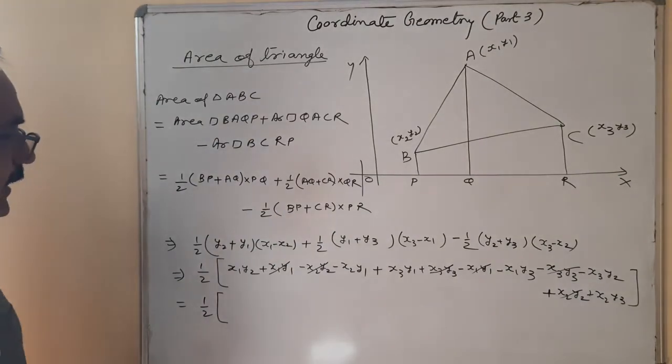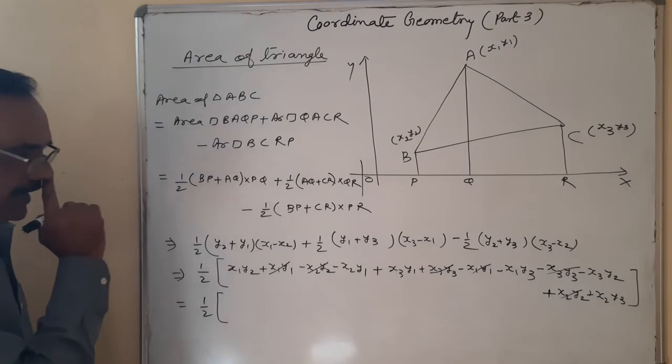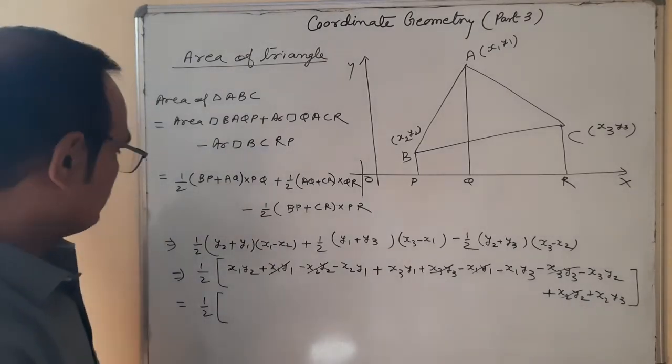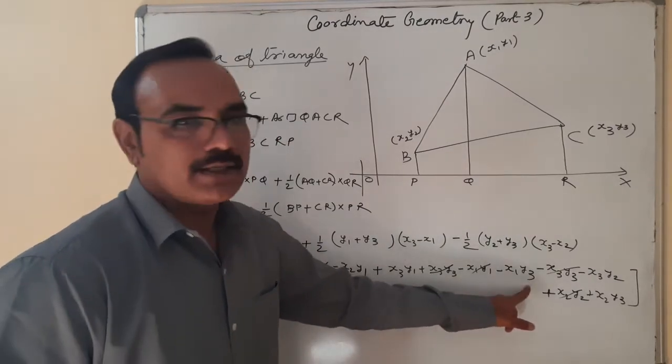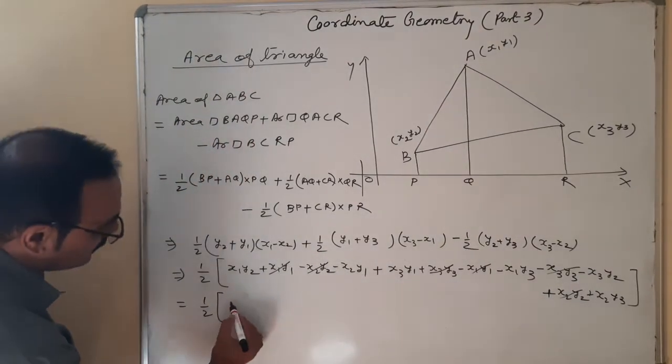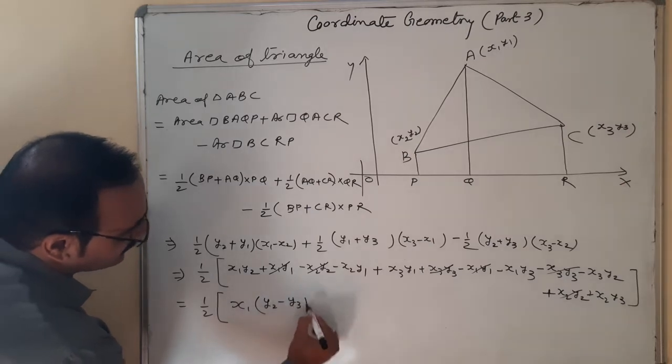After that, I am taking x1 common. I have to see the terms in which there is an x1: the terms having x1 y2 and x1 y3. I am taking x1 common, so it comes y2 minus y3.